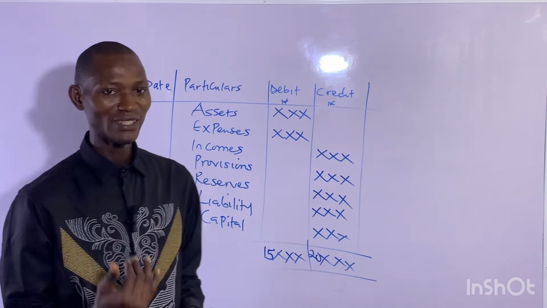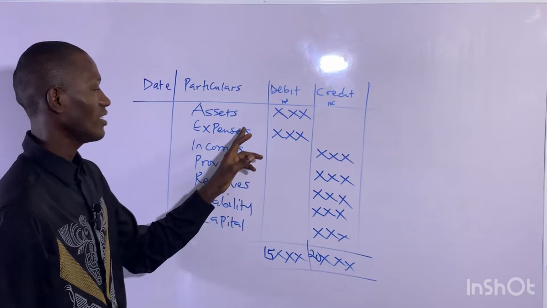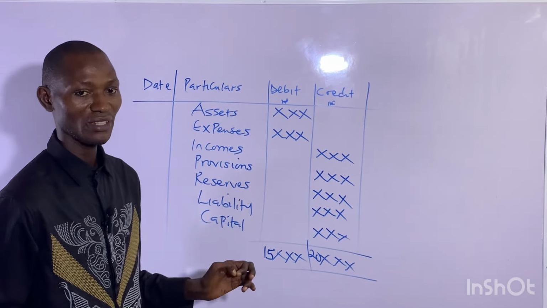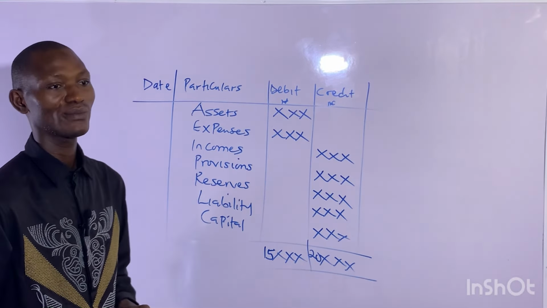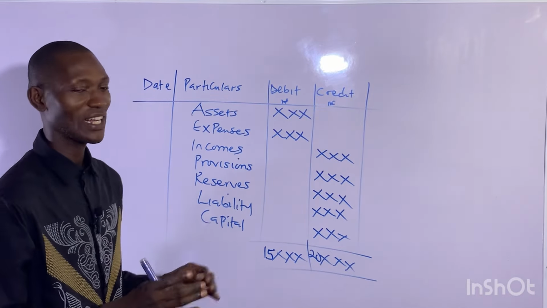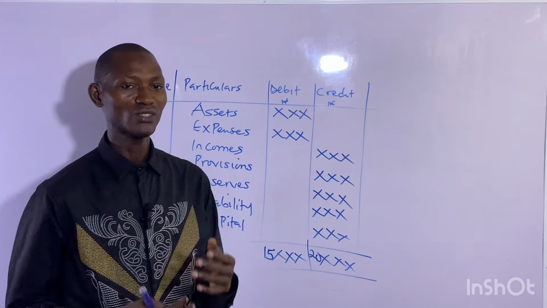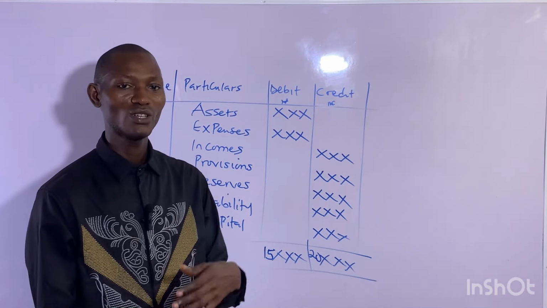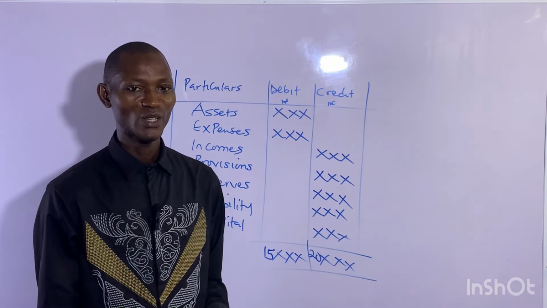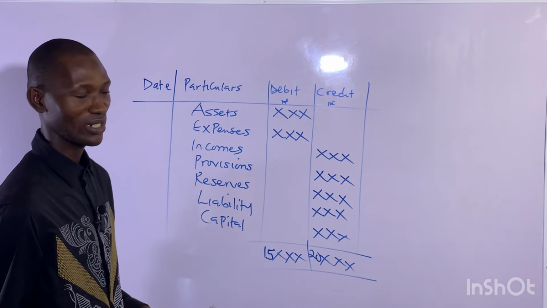Cash account has a debit balance, and that means it's an asset. It will always be debited. Although at times a cash account could have a credit balance, the normal balance of a cash account is debit. But when the cash account is overdrawn, then it becomes overdraft, which is a liability. So in that regard, it will be credited.